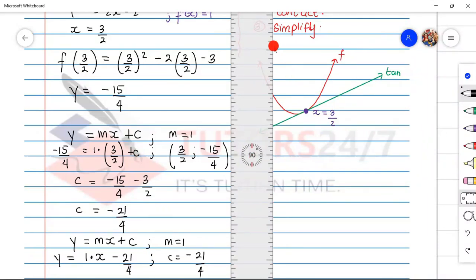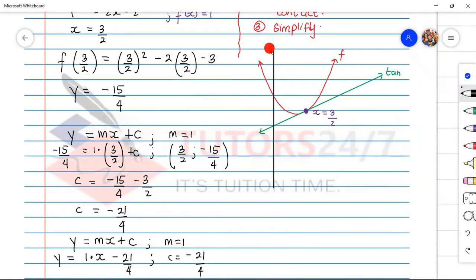Let's make this our y-axis, and let's make this point negative 21 over 4.